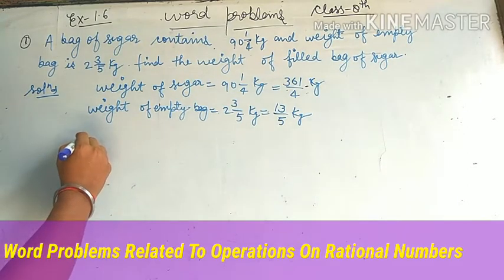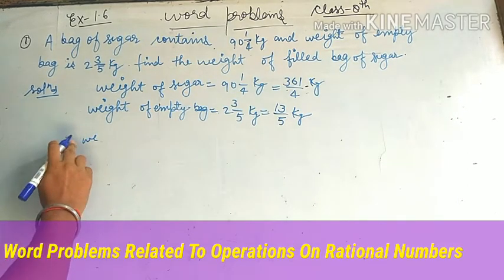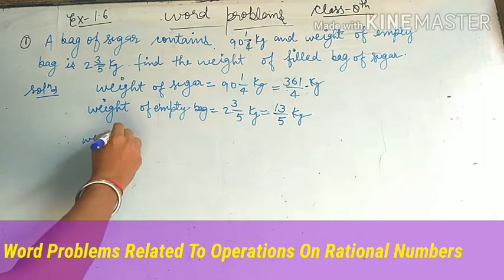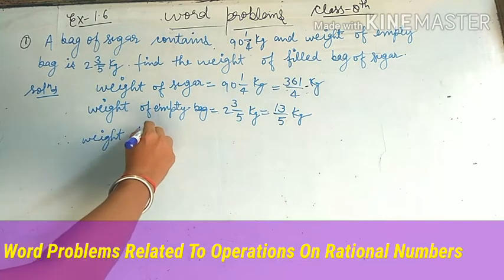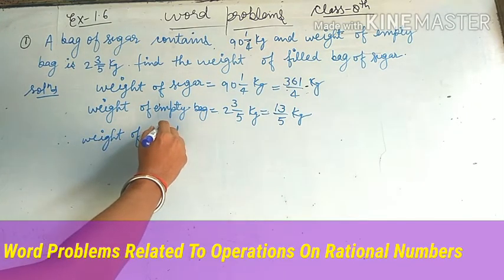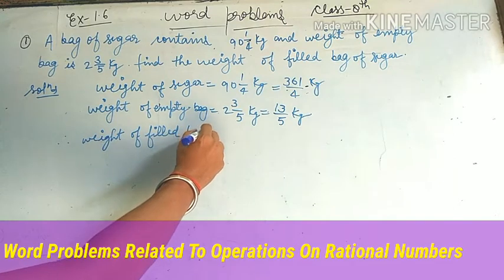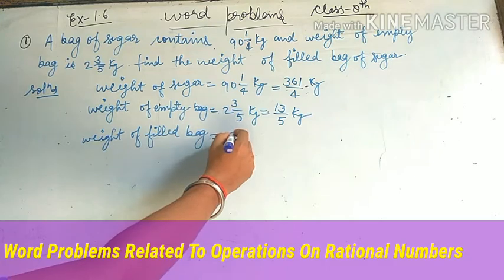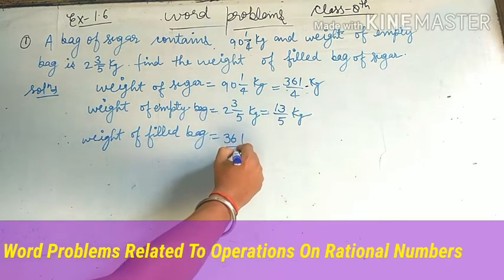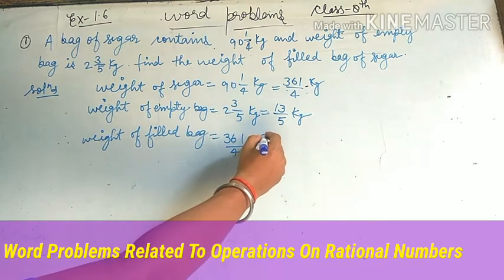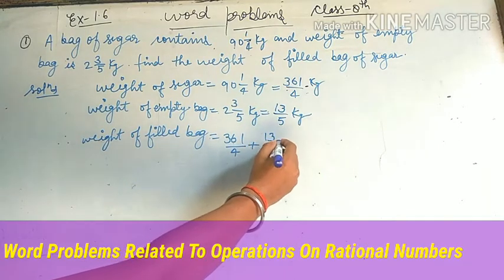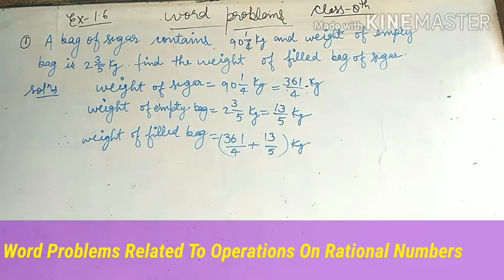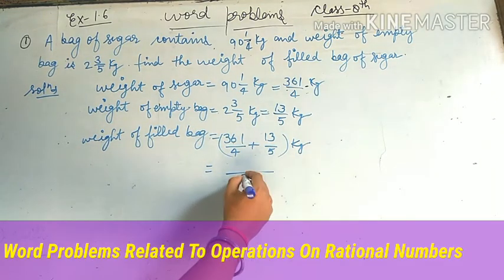Okay, so the next point we will write, hence weight of filled bag equals 361 upon 4 plus 13 upon 5 kilogram. Now we will take the LCM.